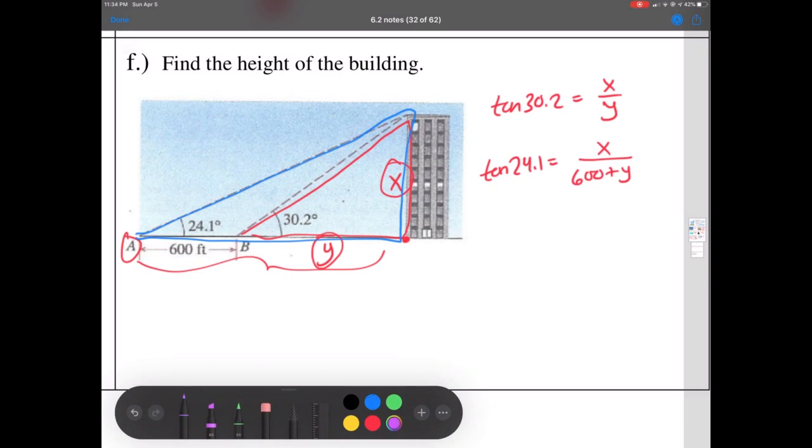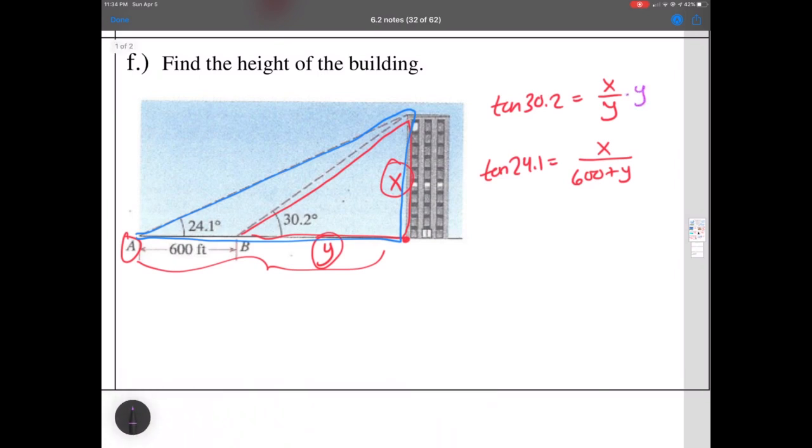Now that we have these two things set up, we need to solve for one of the variables. The one that we can solve for quickly and easily is that y variable. So we're going to multiply both sides by y, and this one by 600 plus y. So now we have y tangent 30.2 equals x.